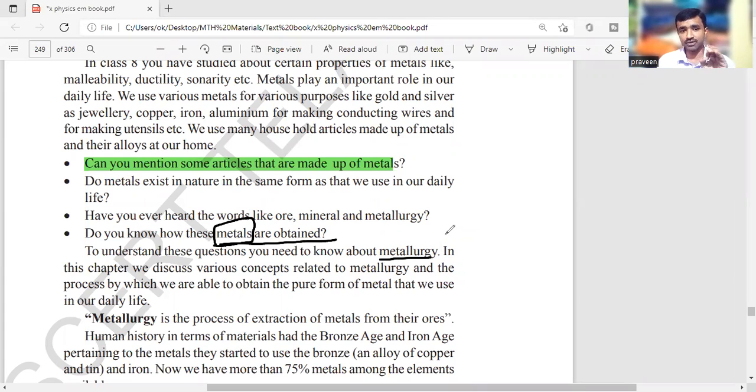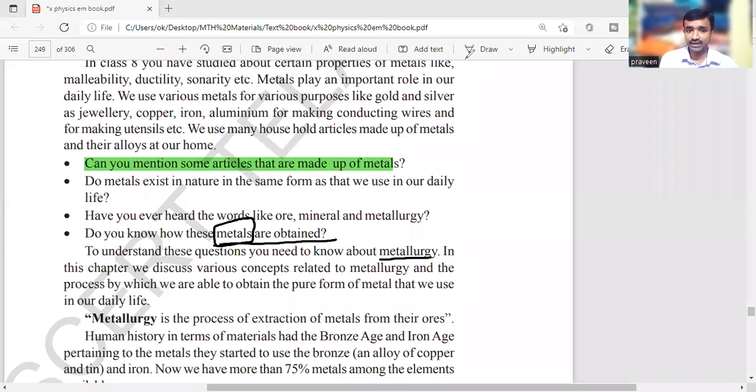So in this chapter, we are discussing the concepts related to this branch of chemistry called metallurgy, right? The branch of chemistry that deals with the extraction of metals and the processes involved in that extraction. So we can call it metallurgy, right?